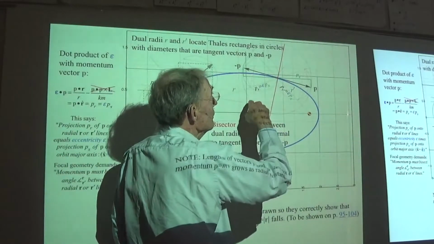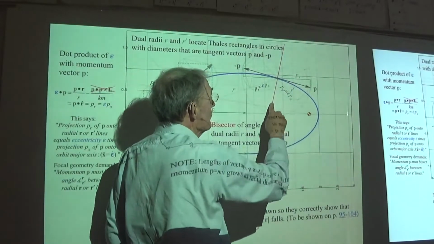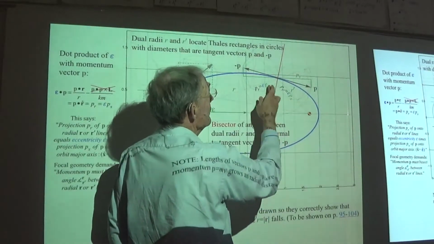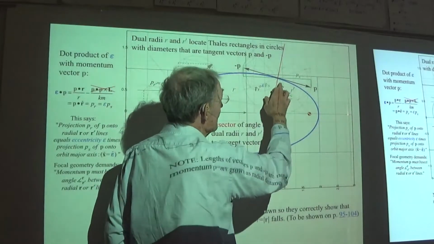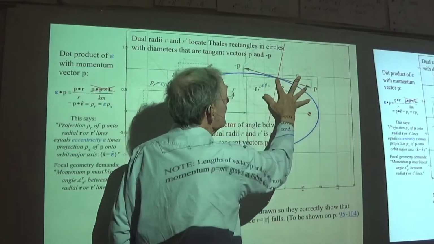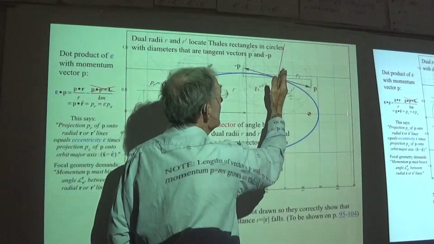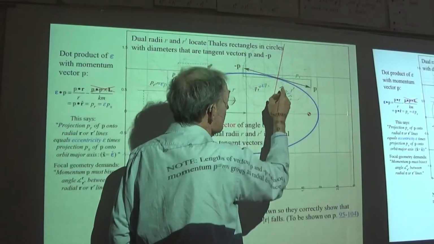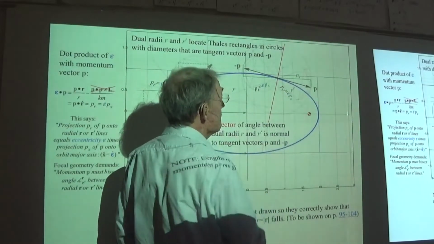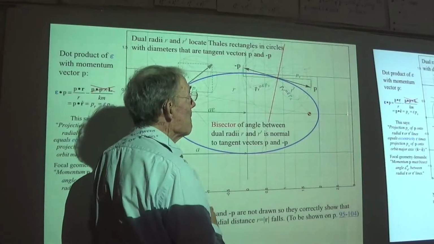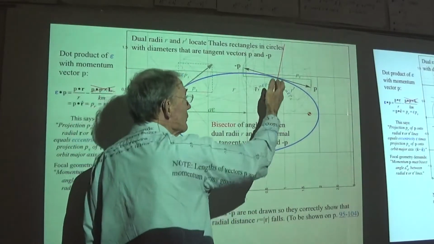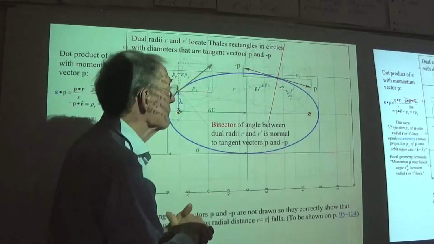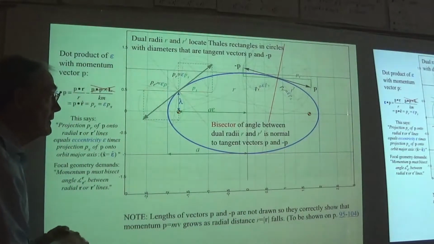I'm just showing you that there's a symmetry which demands that the bisector of these two p's points perpendicular to them. And I challenge you to quickly prove that just from the ordinary geometry of the ellipse.